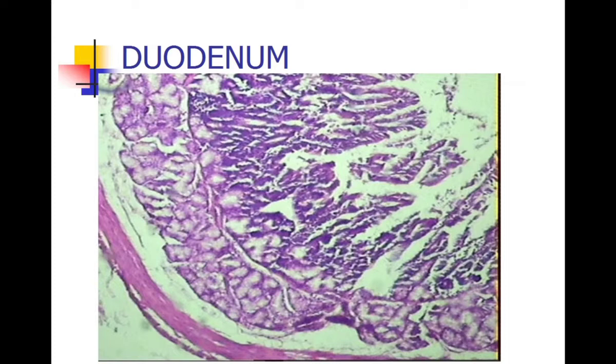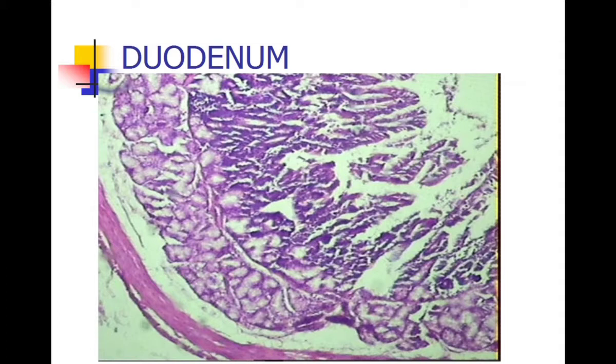You can see this is the slide of the duodenum, and as I have told you, the villi which are present in the mucosa of the duodenum are leaf-like. These are the leaf-like villi, and you can see these are the glands which are present in the submucosa, which are known as the submucosal glands or the duodenal glands, or the other name is the Brunner's glands.